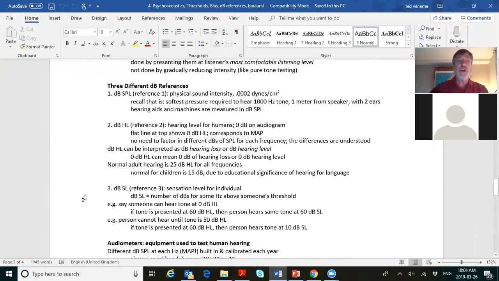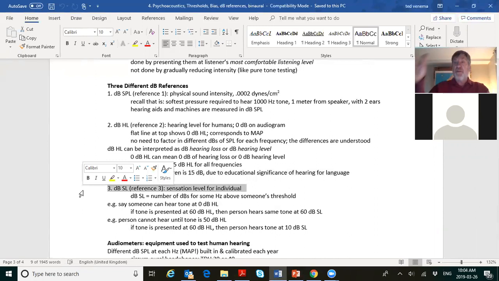Number 3, the third reference is called decibel sensation level. So if you think of dBSPL as the reference for the world, and dBHL as the reference for the human race, think about dBSL as the reference for you. Okay? dB sensation level.